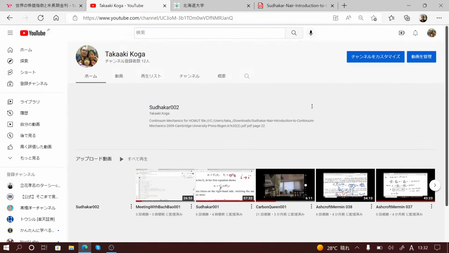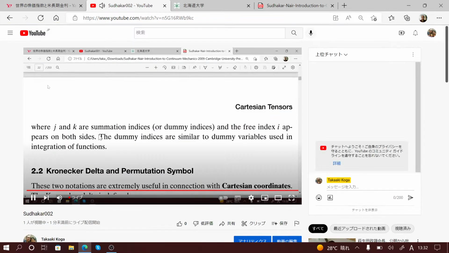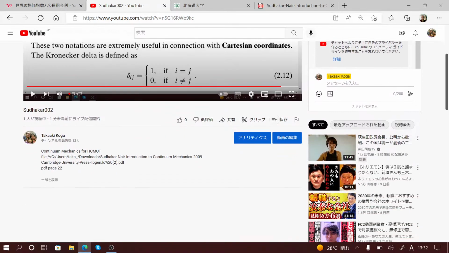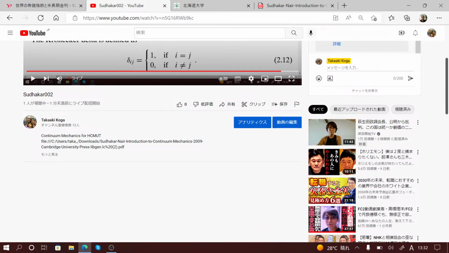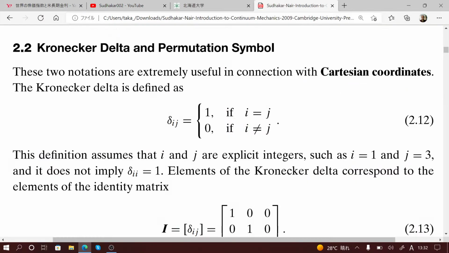I don't know if this is working. I think it's working. PDF page 22. Okay, it's working.